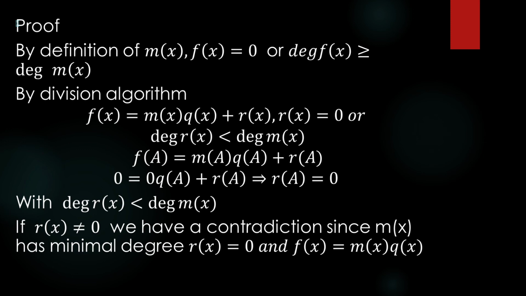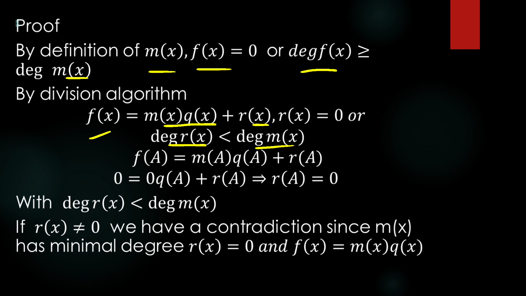So let's prove this. By definition, we know the minimal polynomial m(x) and f(A) is equal to 0. And we know the degree of f(x) is greater or equal to the degree of m(x), the minimum polynomial. So by division algorithm, f(x) can be expressed as m(x)q(x) plus r(x). But we know the degree of r(x) is less than the degree of m(x).